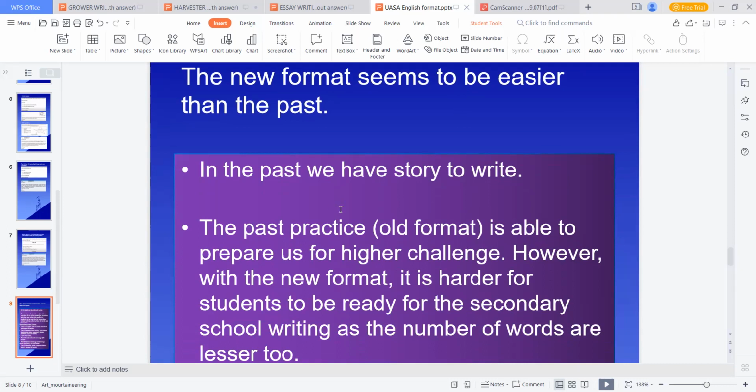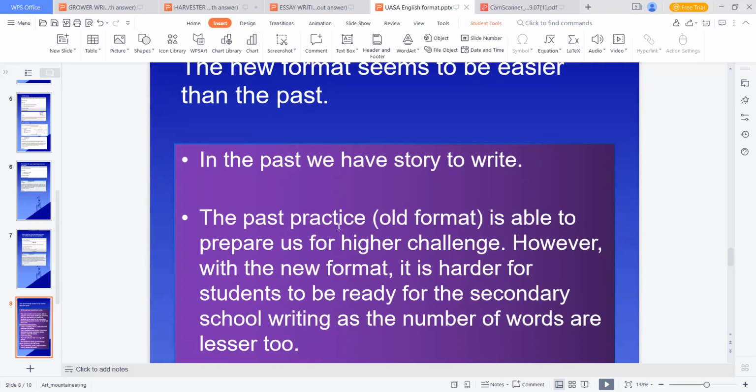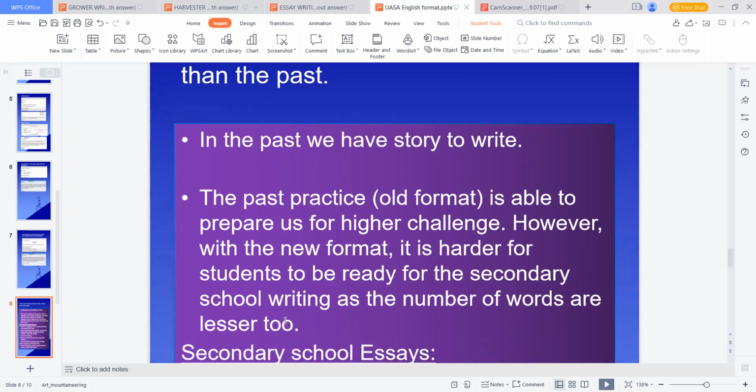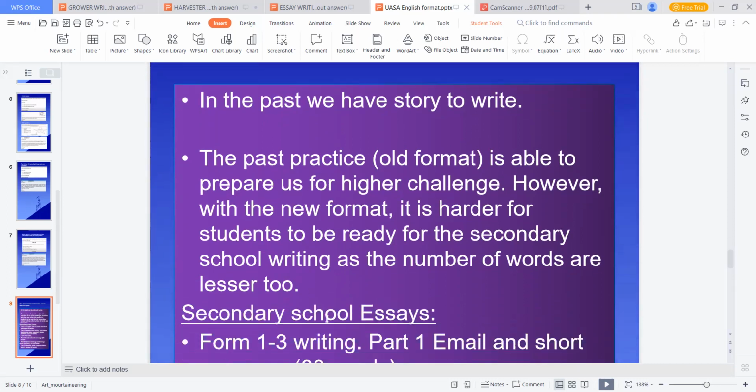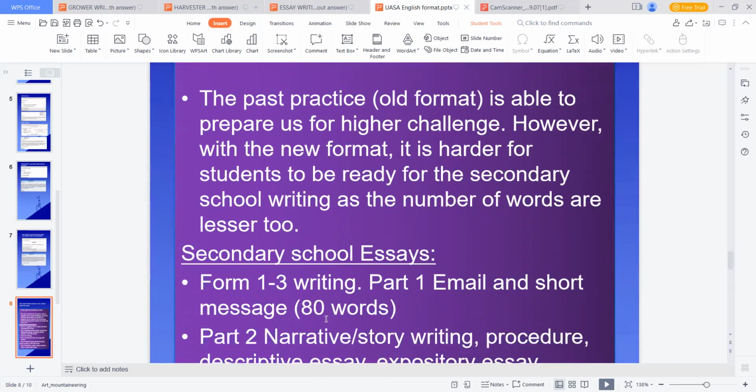It's a needed skill to learn. The past practice, the old format, is able to prepare students for higher challenges. However, with the new format, I think it seems harder for students to be ready for secondary school writing, as the number of words is lesser too. Now, let's look at the secondary school essays.